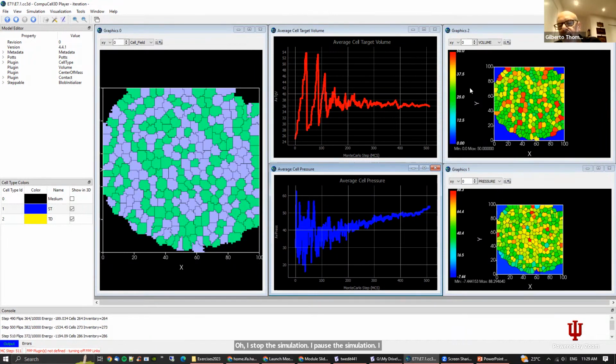There is a color bar here relating the volume of the cell with the color it has in the simulation. So the red cells are big and the green cells are smaller.